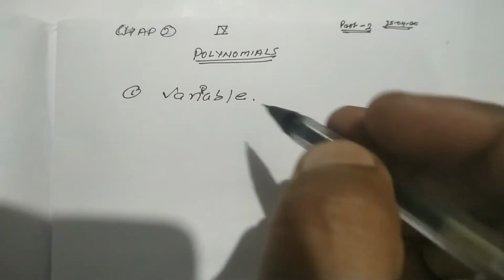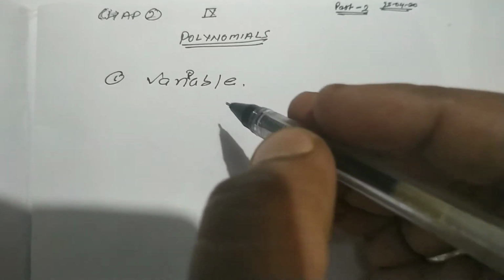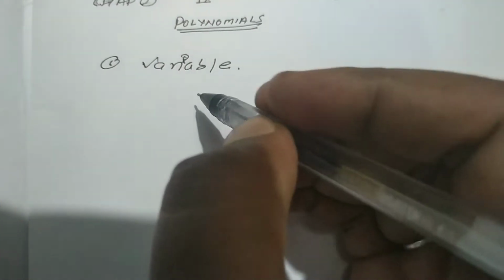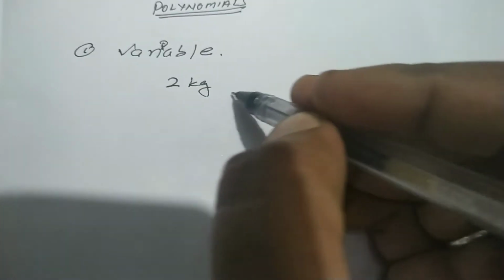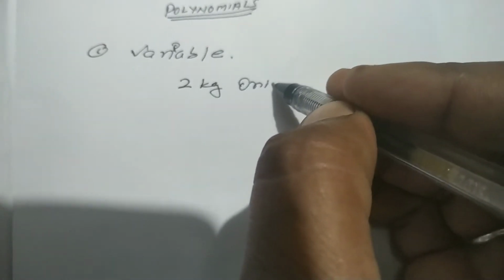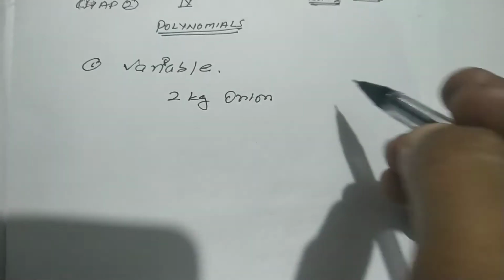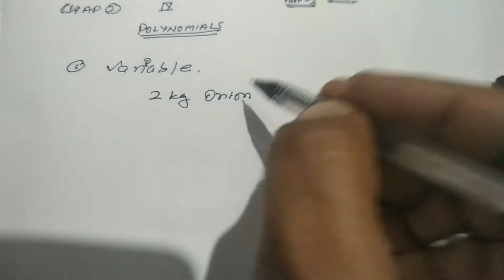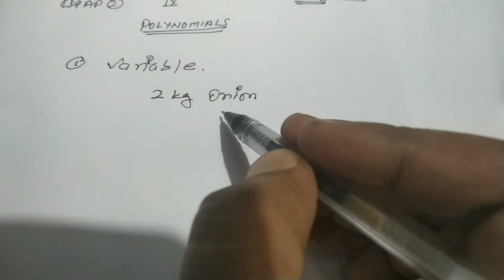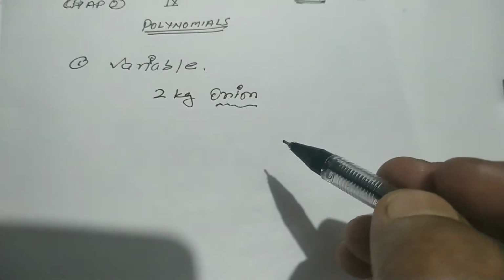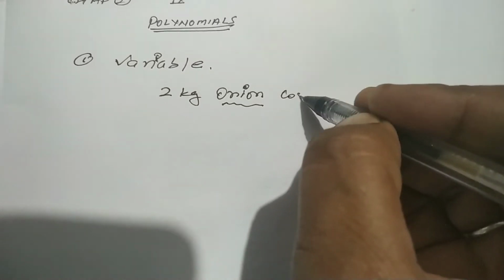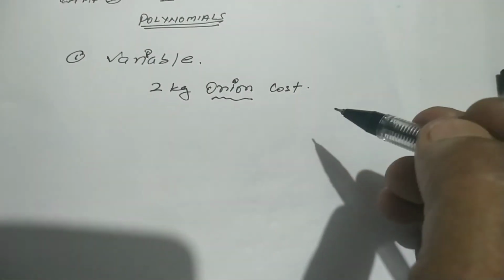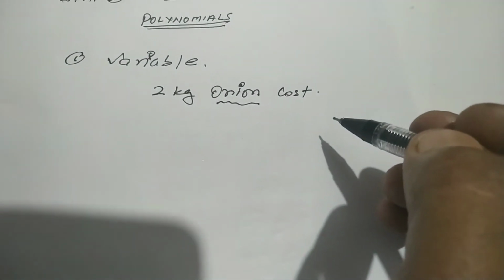Let's give an example. If somebody purchases 2 kg onion, the cost of the onion depends on the per kg onion cost.